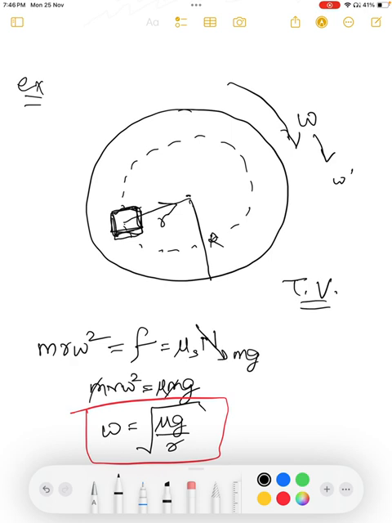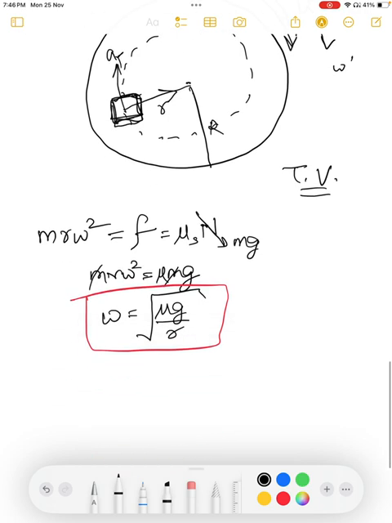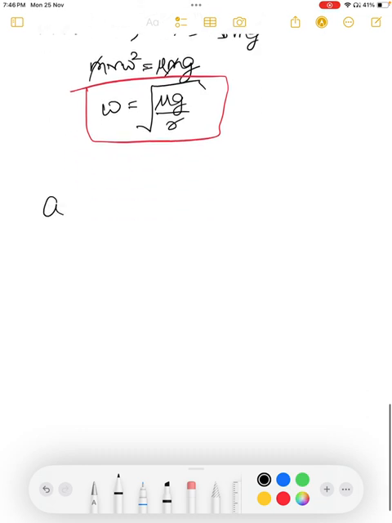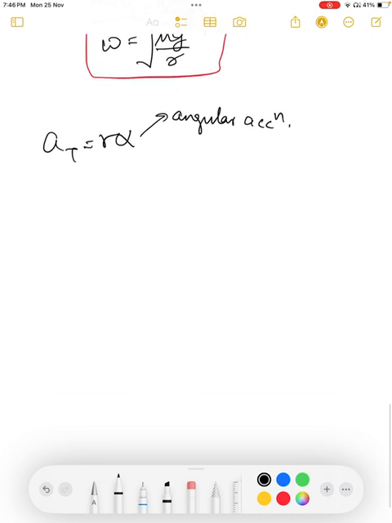So since the direction of omega is in this direction, tangential acceleration would also be in this direction, a_t. This tangential acceleration a_t is given by r alpha. Alpha is the angular acceleration.